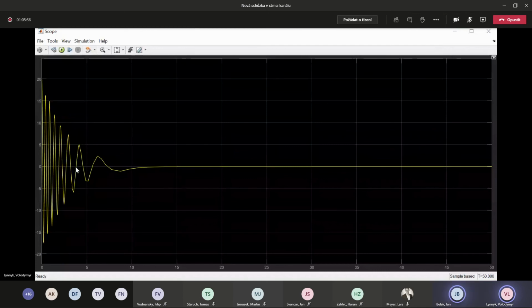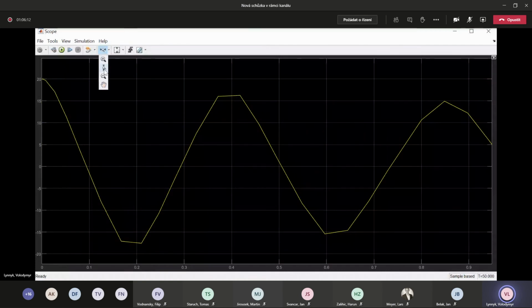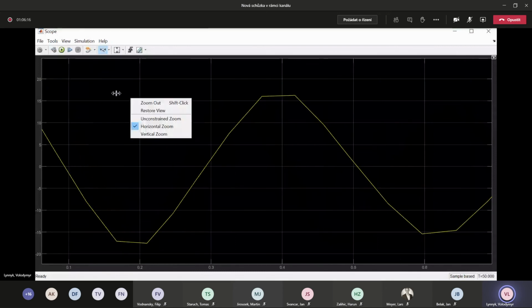Yes, it's quite the same. The behavior is quite the same. We start with x1 equal to 20, and after a short time it goes to 0.